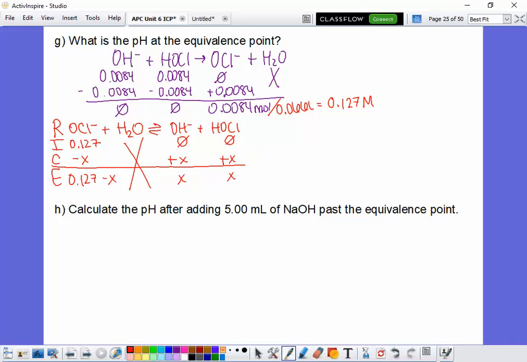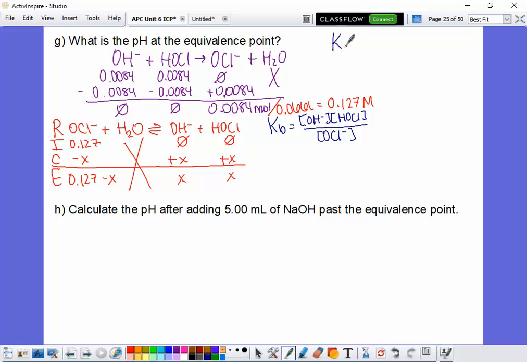All right, I'm going to write what expression of this? A Kb. Why am I writing Kb and not Ka? Because of the OH. So it's going to be Kb equals the concentration of OH minus times the concentration of HOCl all over the concentration of OCl minus. But wait, I don't know Kb. But I can calculate it exactly. Because I know Ka.